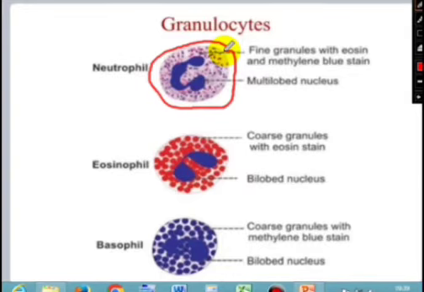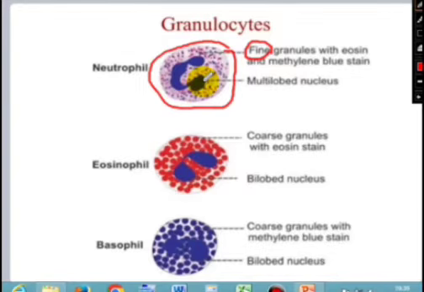So these neutrophils contain tiny or small granules in their cytoplasm. And these granules can stain with red and blue dye. I hope you get what I mean.